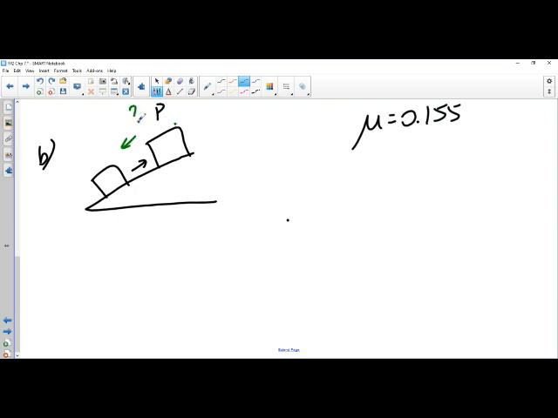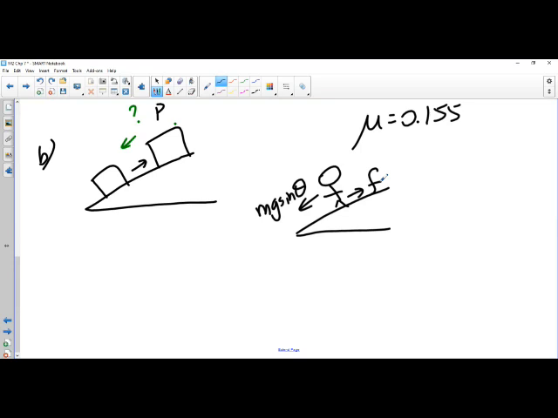Now, how can we tell if it's sliding down? We judge by the forces. For example, if you are standing on a slope, that's you. That's the mg sine theta. Now, the fact that you're not sliding means the friction is strong enough to withstand your weight pulled by gravity.